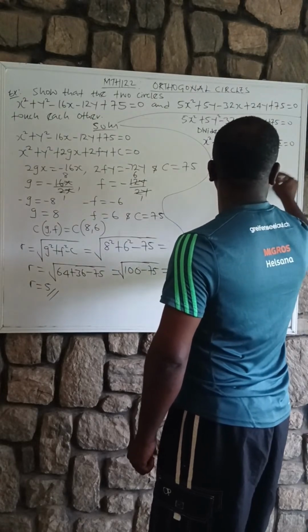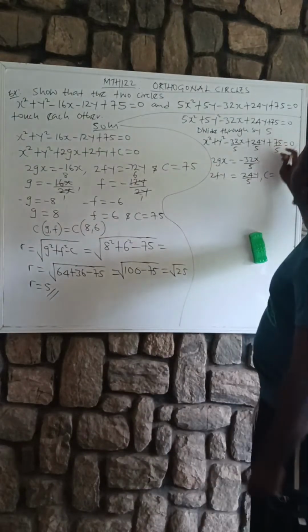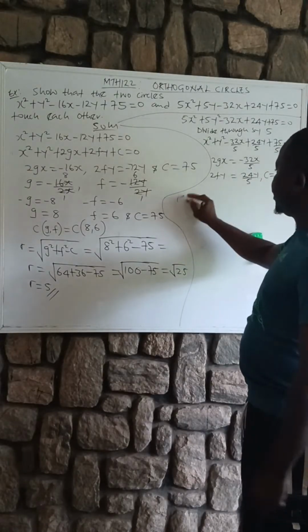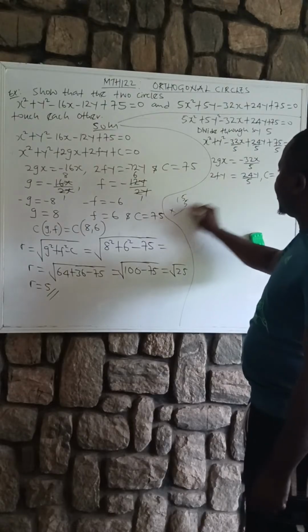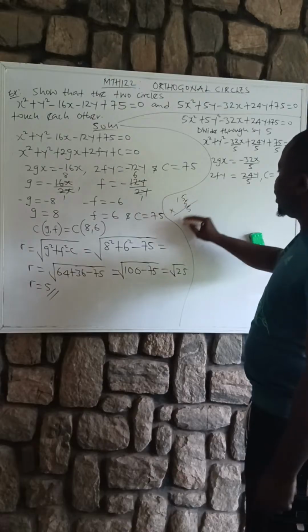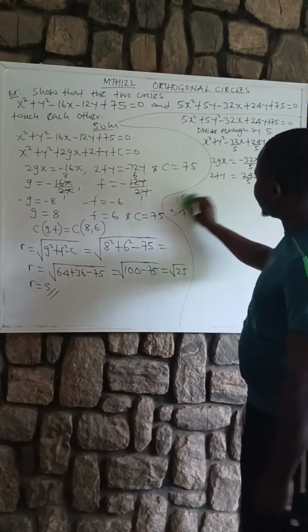Then our C will be equal to 75 divided by 5, which is 15, right?